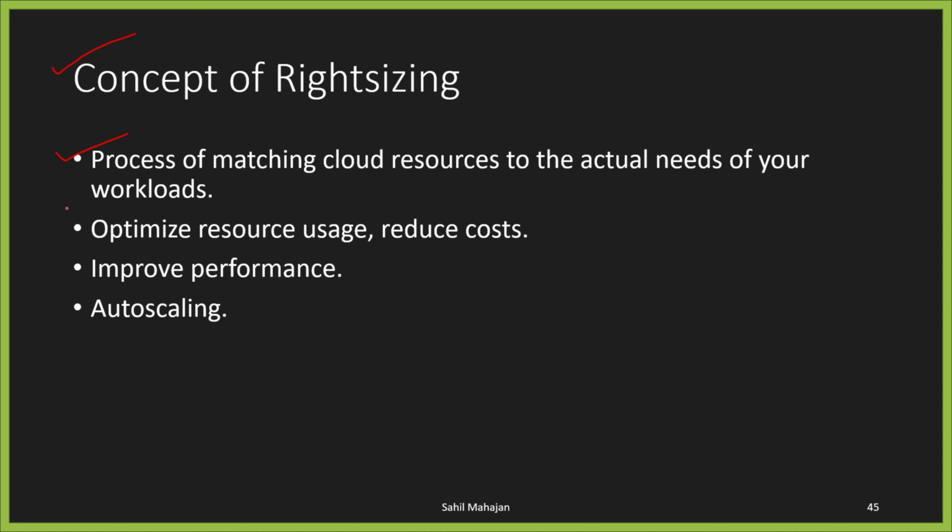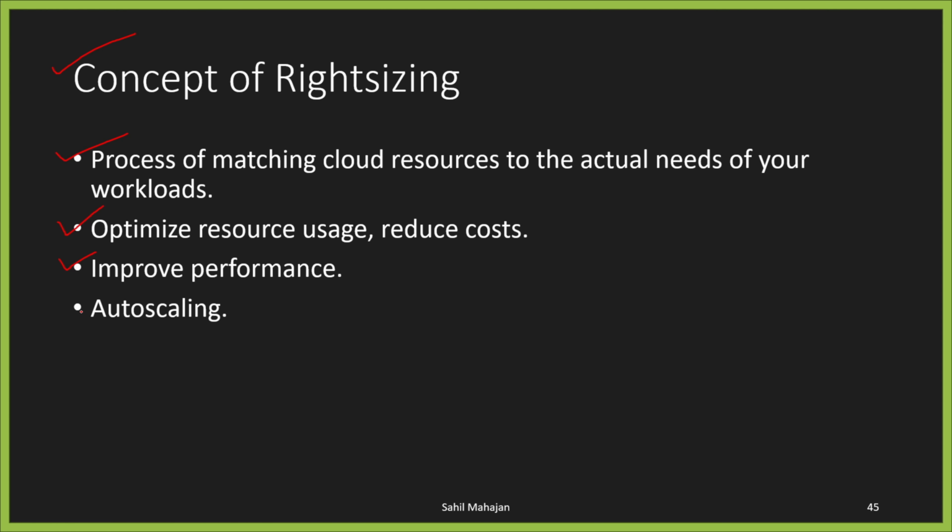Now, let's take, for example, you have 100 active users. You may only need 1 or 2 servers. So that's where the concept of right sizing comes into play. It helps you to optimize your resource usage, and when you optimize your resource usage, you will in return reduce your costs. It will also help you to improve your performance, that is, returning data back to your clients, or whatever business process you are running.